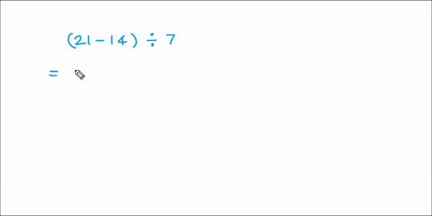So 21 divided by 7. Now while moving from 21 to 14, I get minus in between, so I have to write minus. And then 14 divided by 7. So that gives me 21 divided by 7 is 3, minus 14 divided by 7 is 2, which is equal to 1.